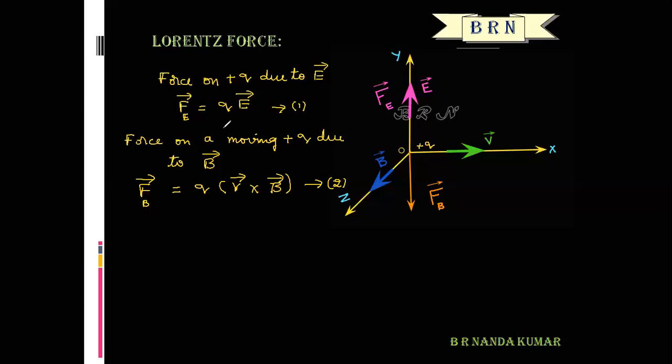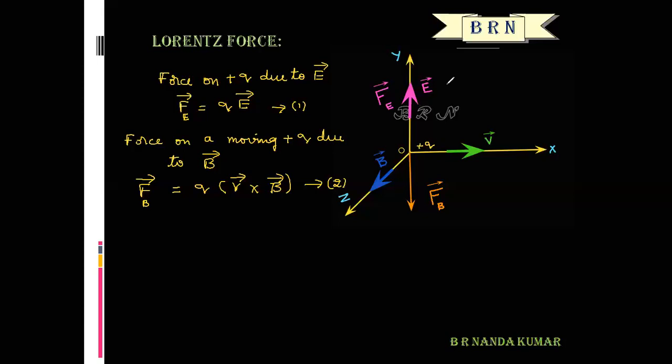This is the force acting on a charged particle due to the electric field. Lorentz force means the total force acting on a charged particle moving in a region where both electric and magnetic fields are present.